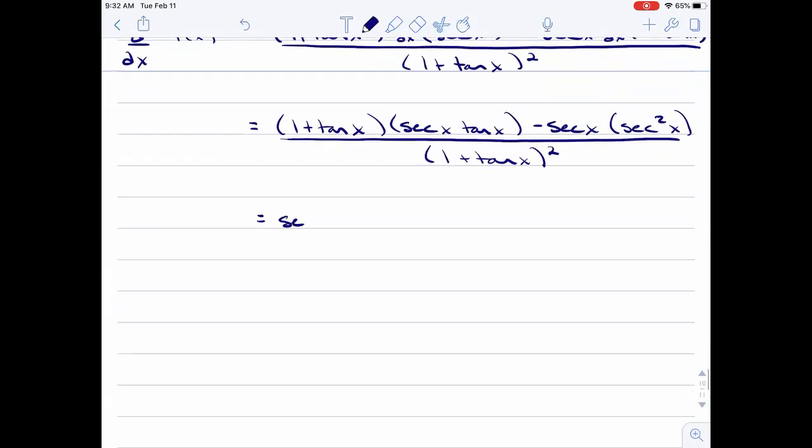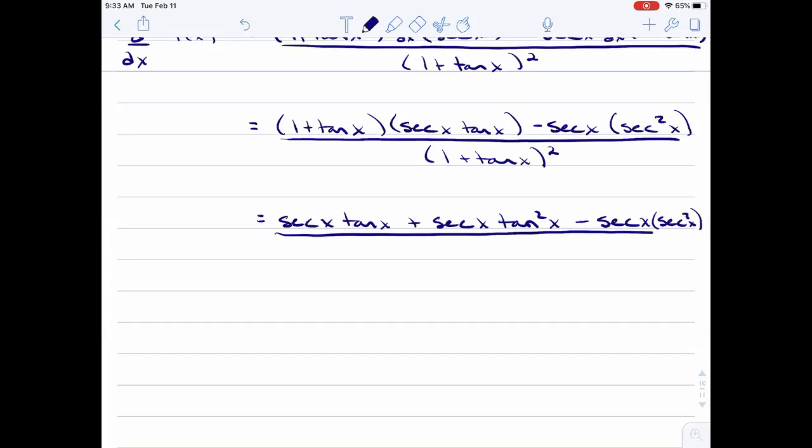So what I get is secant x tan x plus secant x tan squared x, minus, and because I see a common secant x, I'm going to leave it as secant x times secant squared x. It doesn't really matter if you combine them and then pull them apart again. Secant x times secant squared x, over 1 plus tan x squared.